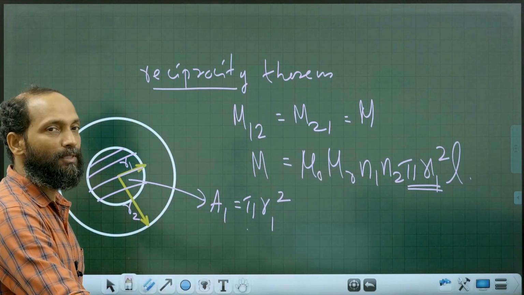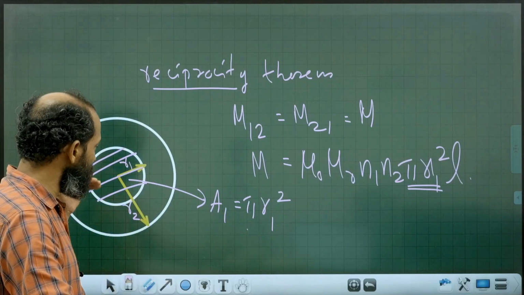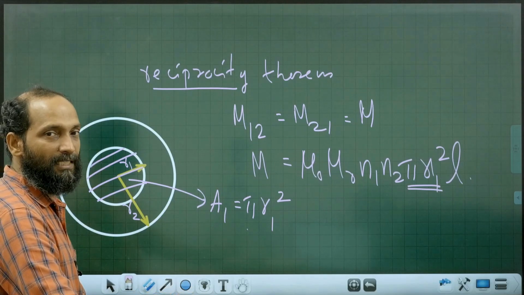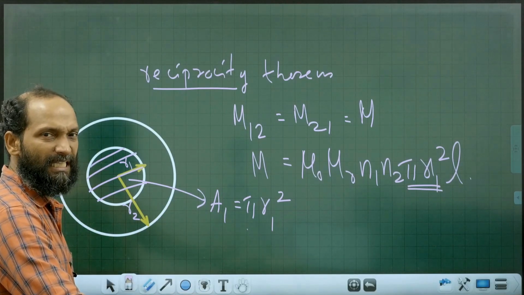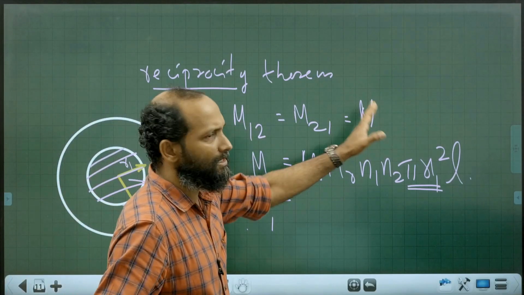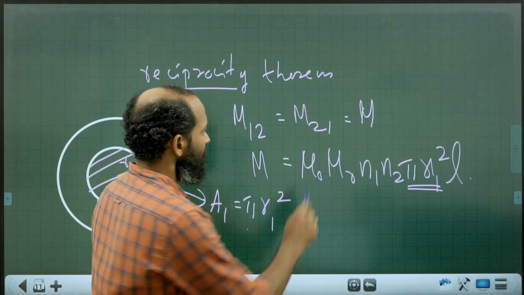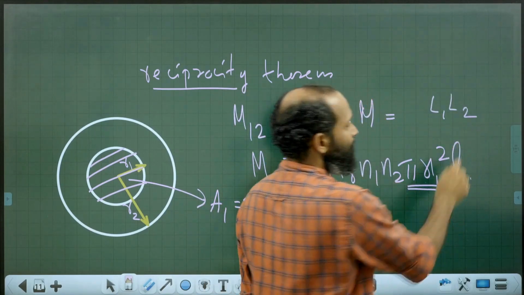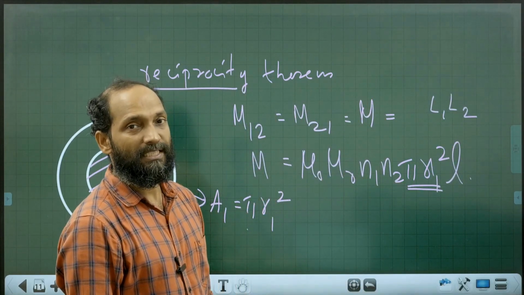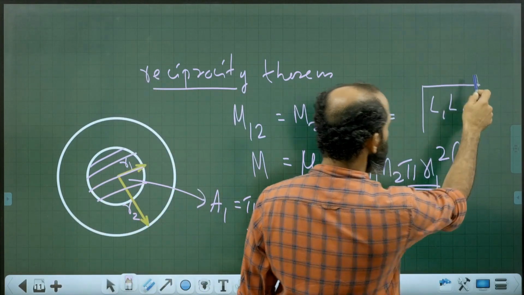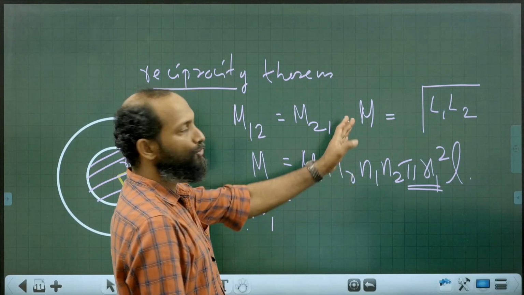In a transformer, the primary coil serves as the inner coil. The secondary comes outward, wound over the primary tightly so that there is no flux leakage. If there is no flux leakage, this reciprocity theorem can be applied. Therefore, if L1 and L2 are self-inductances of primary and secondary, then you can choose square root of L1 L2 as mutual inductance.